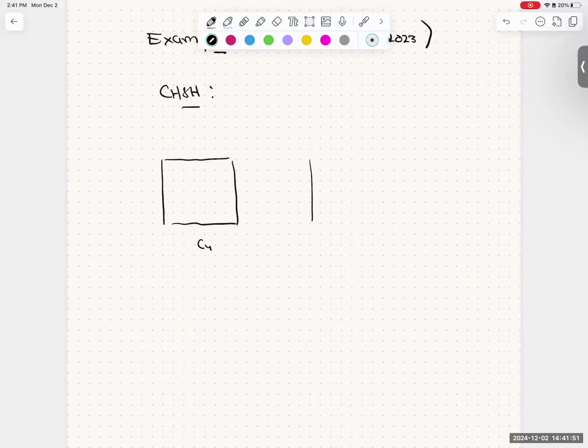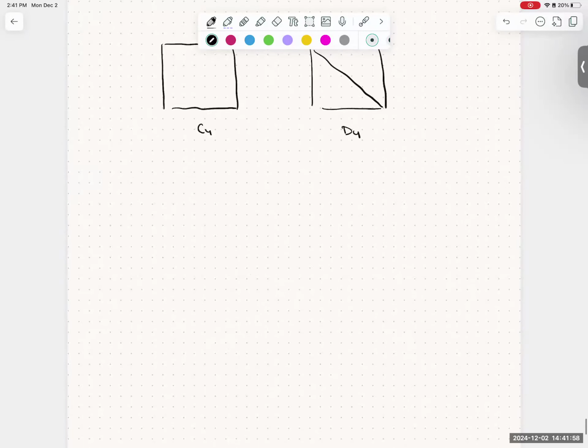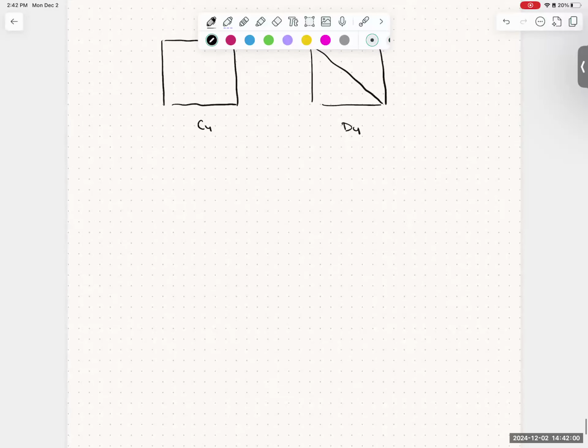I've got C4, I've got D4, and I have C4 tilde, which is, here, the cone point C.